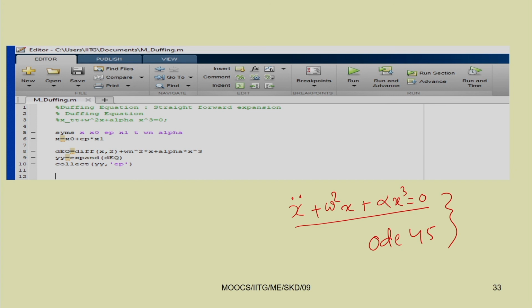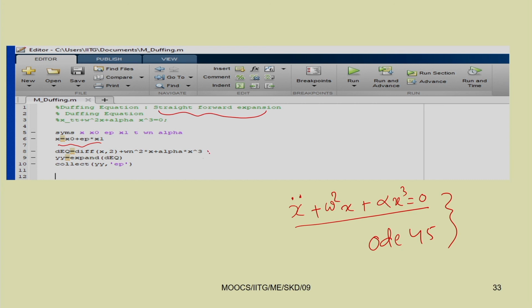Or if you want to use the straightforward expansion method, here it is written straightforward expansion method. In the straightforward expansion method, let you take 2 or 3 terms if you want. So, for example, here if I am substituting x equal to x 0 plus epsilon x 1, here you can write this differential equation.